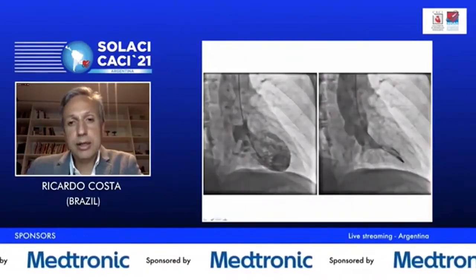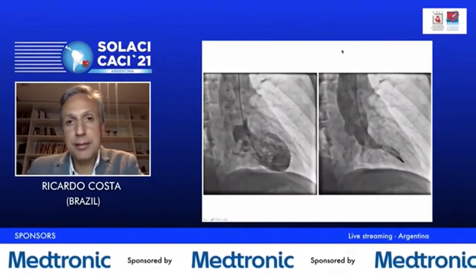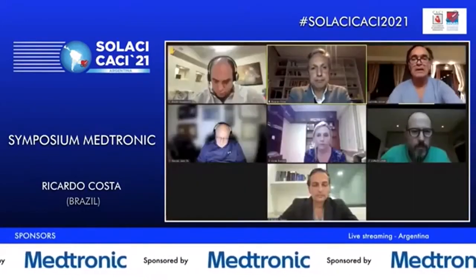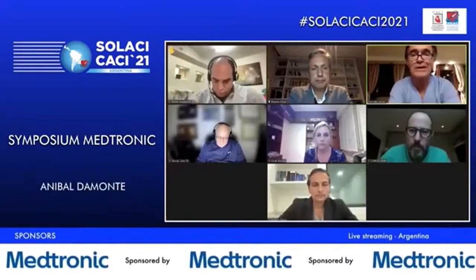Anyway, a complex case, and over here you can see a preserved ventricular function. Just to summarize, this strategy can be very well used in a high complexity scenario, with satisfactory results.